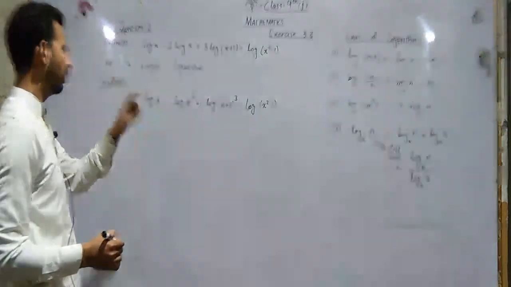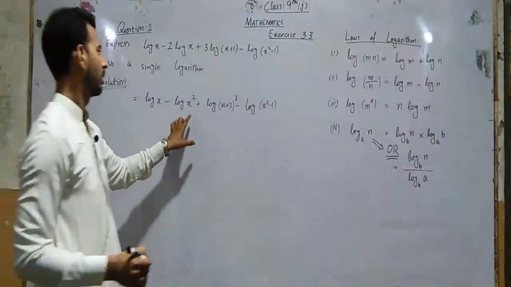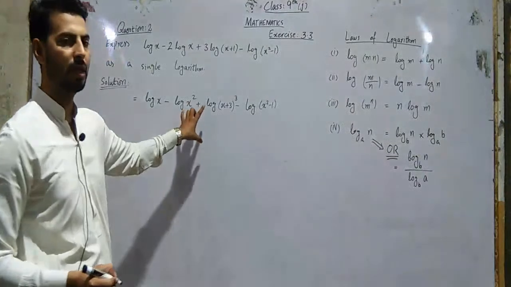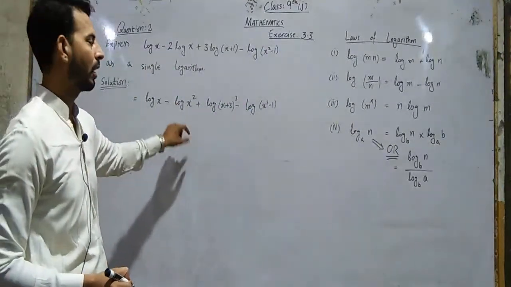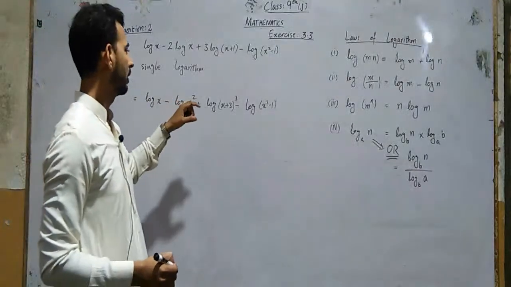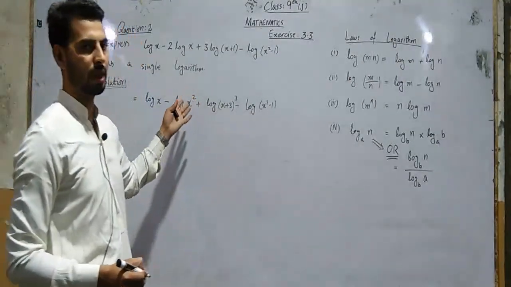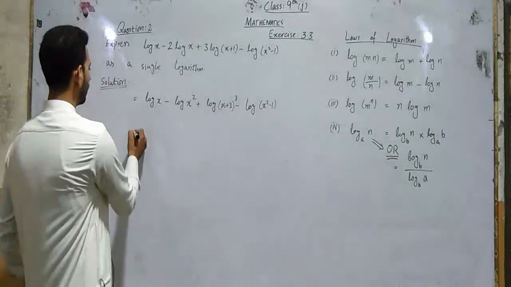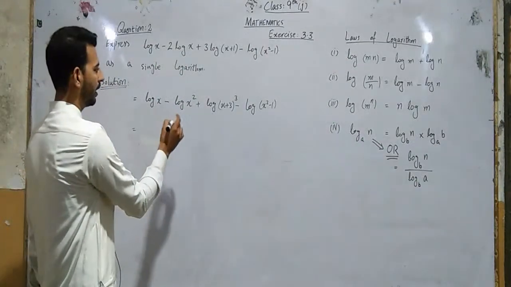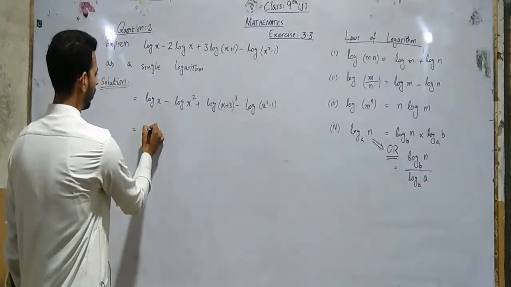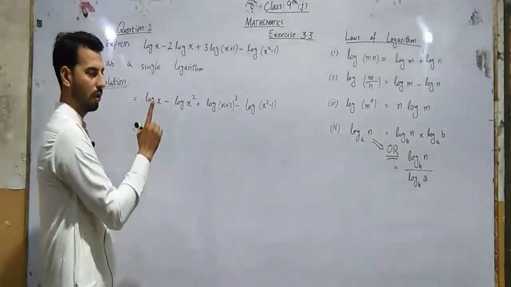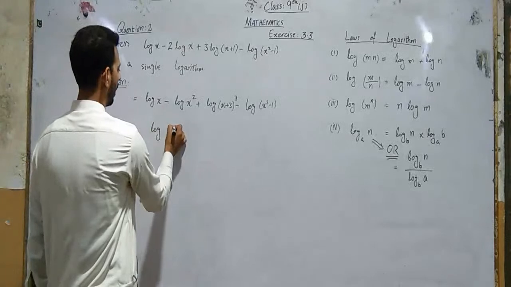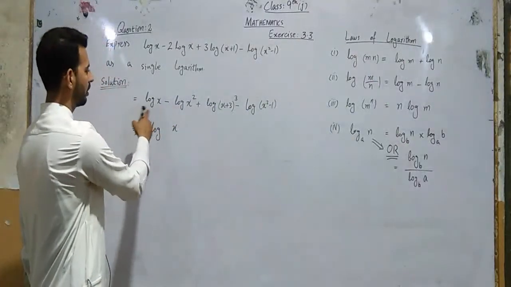Now we will do the minus and plus part. So if something is a minus, that will go in denominator, and if something is plus, that will be multiplied. Okay, so we will write in the form of this log, just simple 1 log, and then x, because this is plus value.